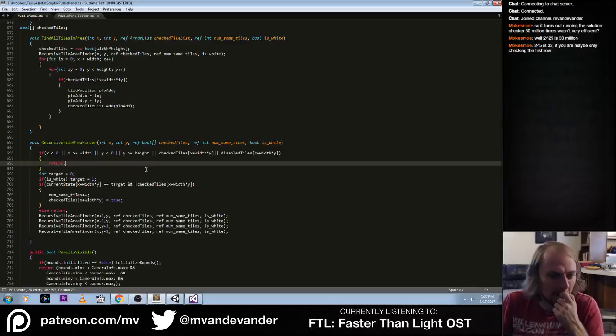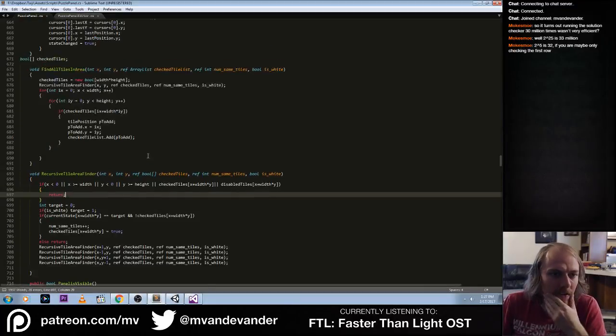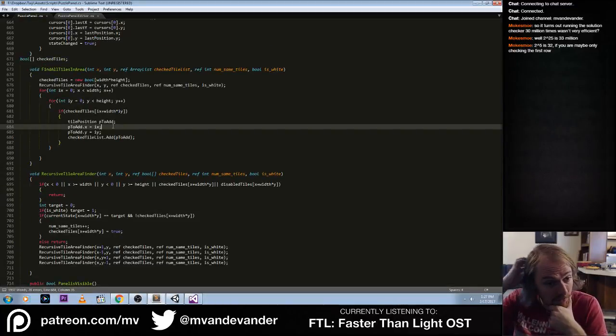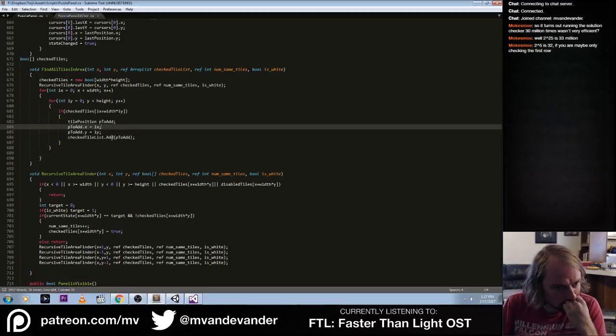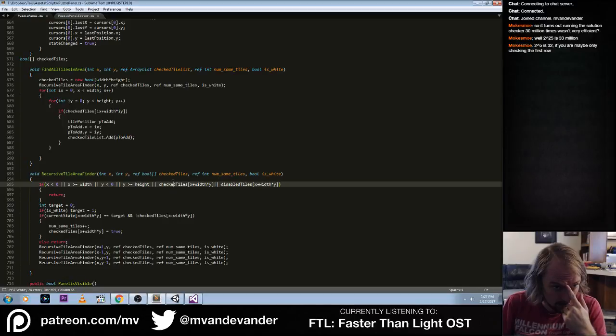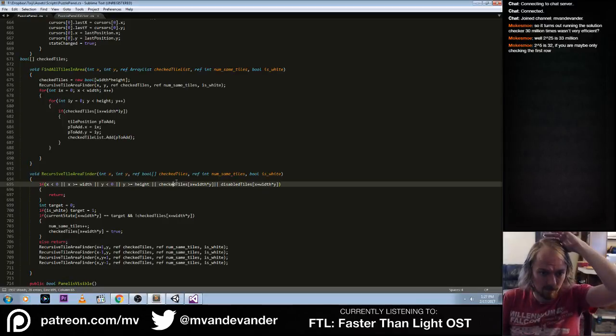It's not validating solutions now, so I just need to see what's going on here with this. If I pass all that down into here, check tiles should be false.